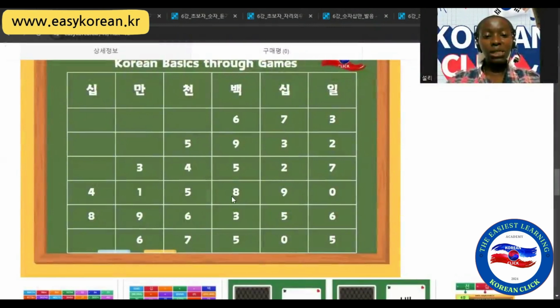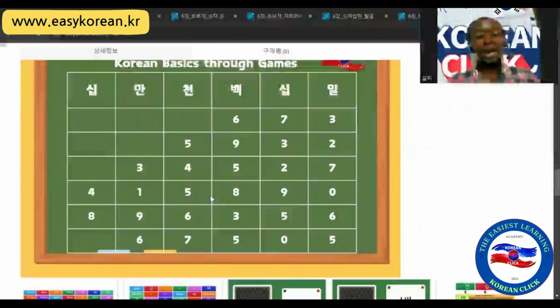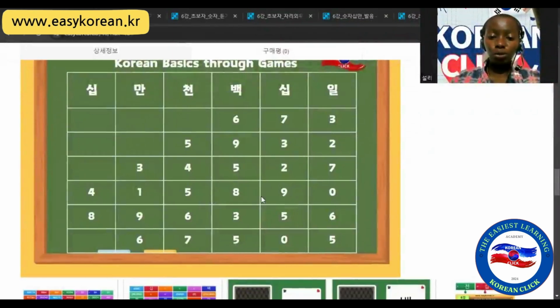And from here we say 890. 890. And if you want to say 5,890, you say 5,890. 5,890. 잘 들어요?